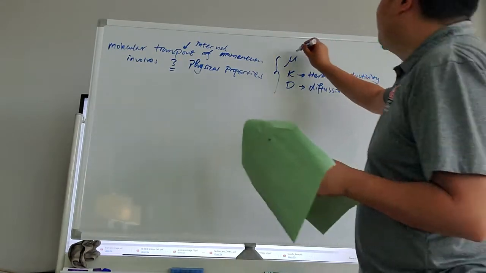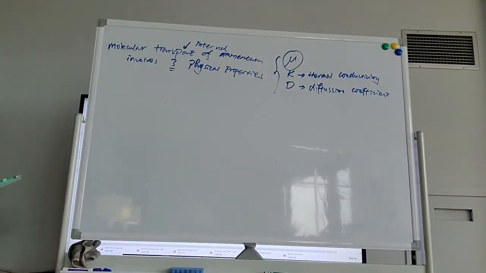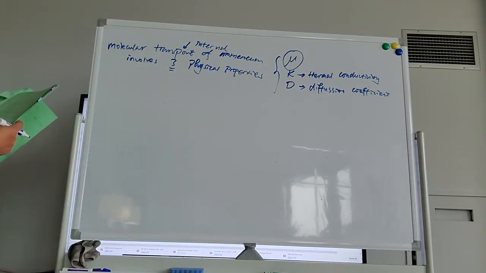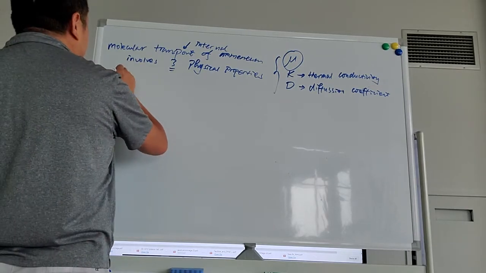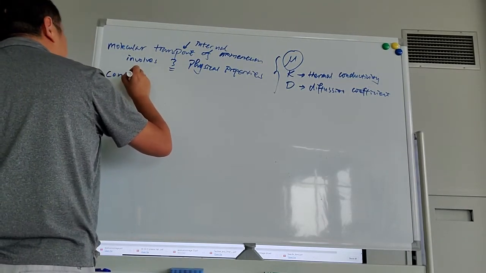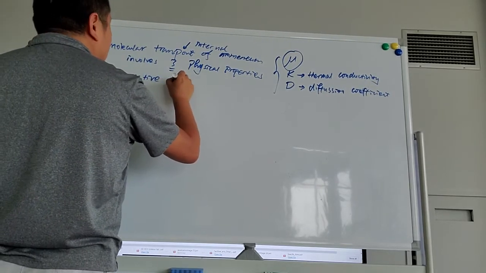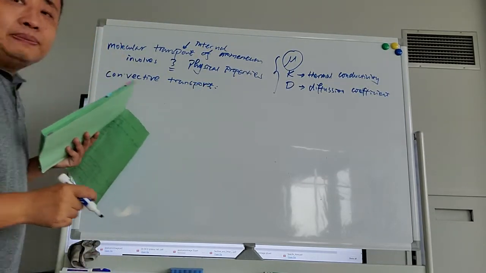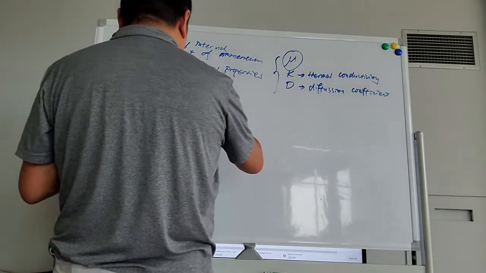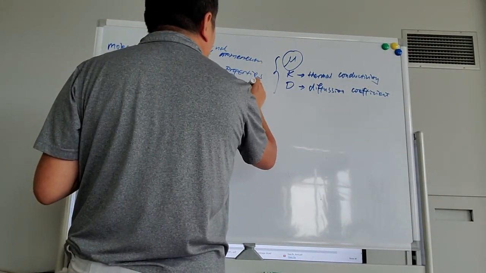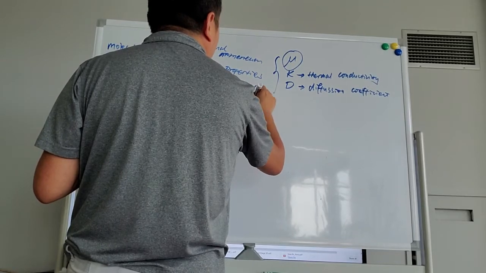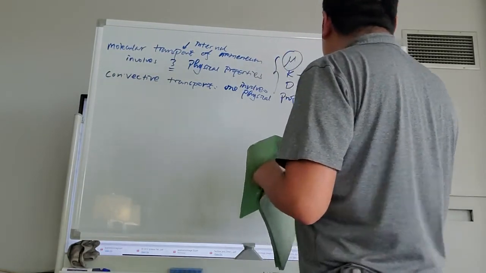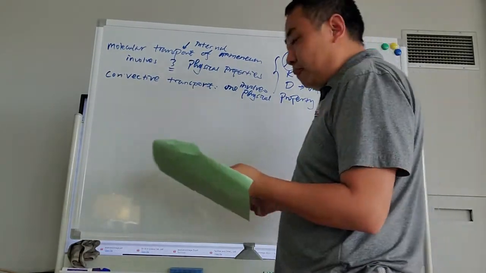For fluids we mostly focus on the viscosity. If we talk about convective transport, it only involves one physical property: density, rho.